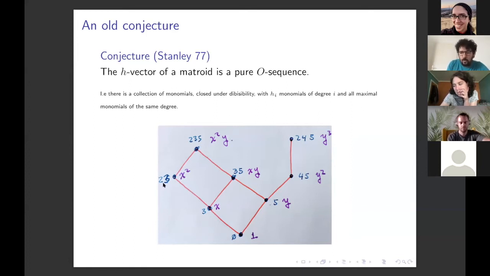What can you do? You can look at this partially ordered set here and cross your fingers and hope that this is actually a poset of monomials ordered by divisibility.